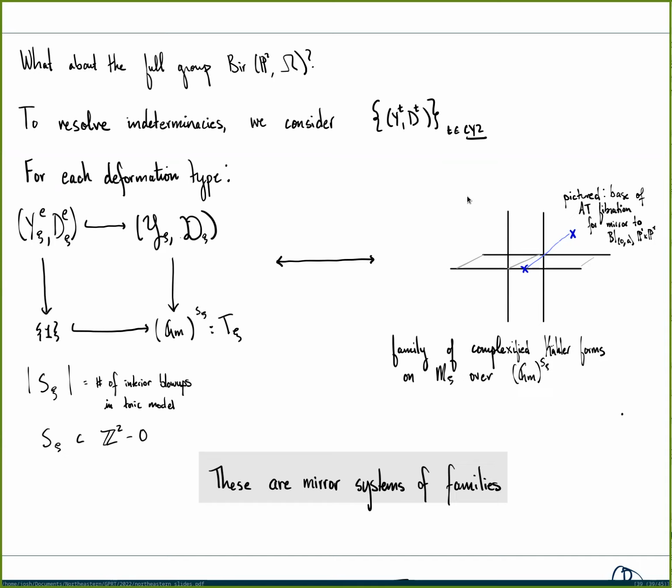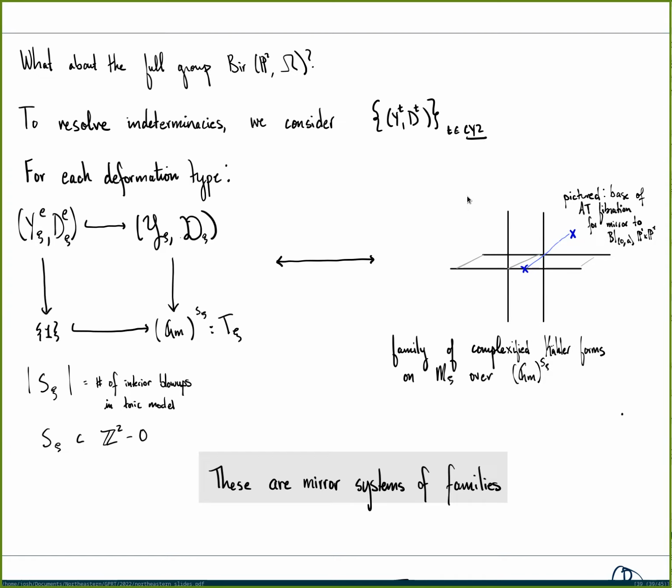It's some huge family, because every single possible point I can blow up gives me some sort of deformation. So it really deforms.